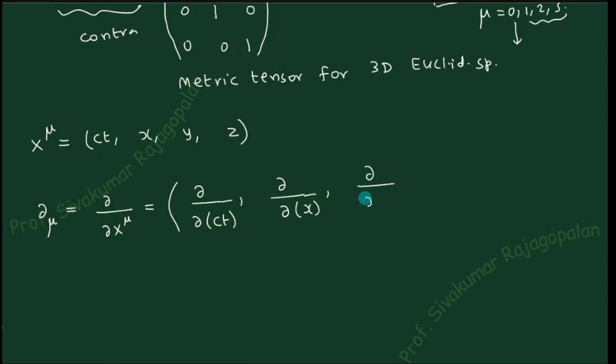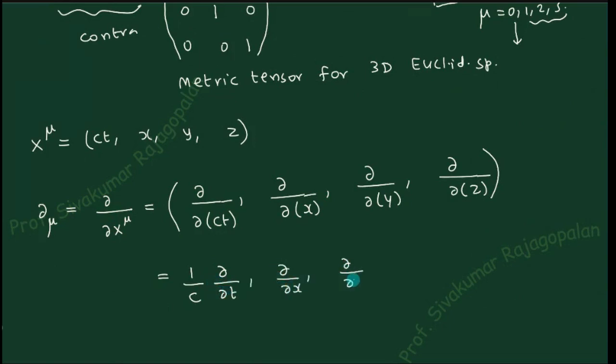Similarly, you fill it out for the next elements. That's all. That set will be the object. And because c is a constant, there is no point in keeping it inside the derivative. Therefore, I can write 1/c ∂/∂t, then comma, ∂/∂x, comma, ∂/∂y, comma, ∂/∂z. So if you have this kind of an object, this is what is known as ∂_μ.